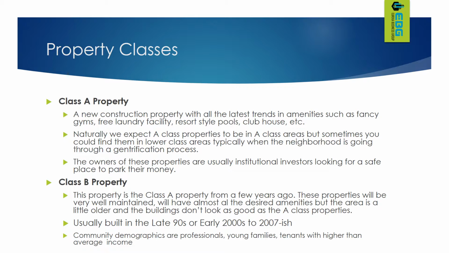And this is usually early 2000-ish to 2007. The demographics we find in B-class properties are usually professionals and young families and tenants that really have higher than average income.